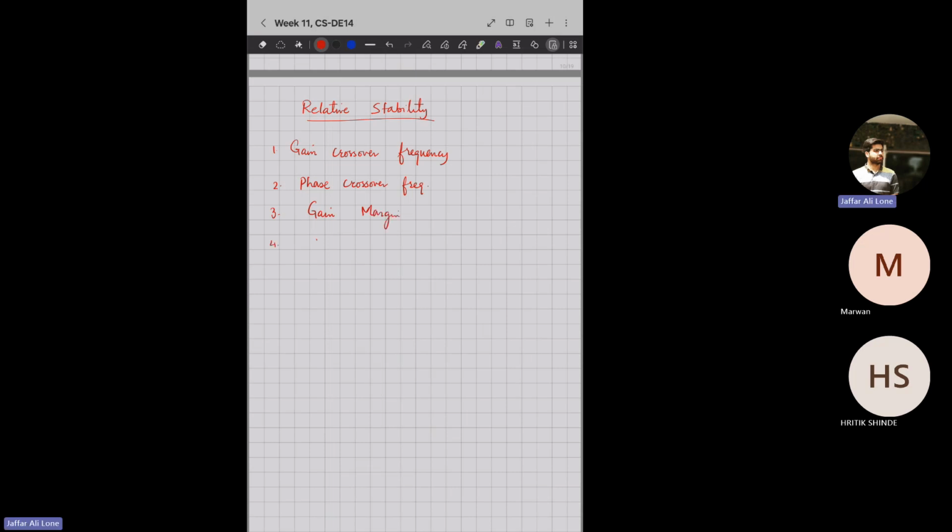And number four is phase margin. In your assignment, you have questions: find phase crossover frequency, find gain crossover frequency, find gain margin, find phase margin. We'll revise them and then we will solve questions.